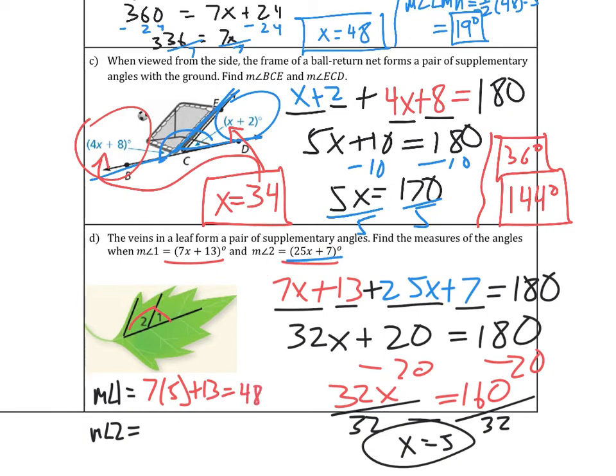Angle 2 is going to be 25 times 5 plus 7. That's going to be, what's that, 150? No, it's 125. 125 plus 7 is 132. Double check that. Do those add to 180? Yes, indeed. There they are.